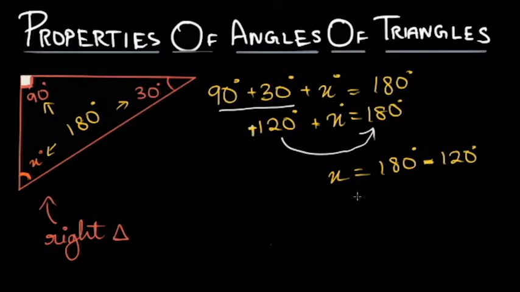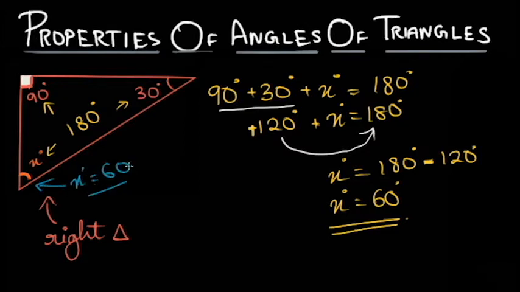So this becomes X is equal to 180 degrees minus 120 degrees. This makes 60 degrees. So X is equal to 60 degrees. That means this angle here, X degrees, is equal to 60 degrees.